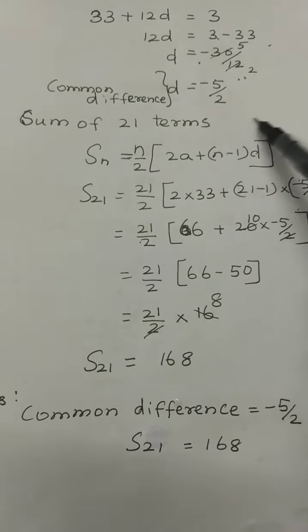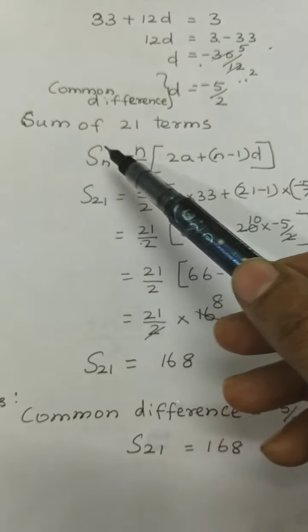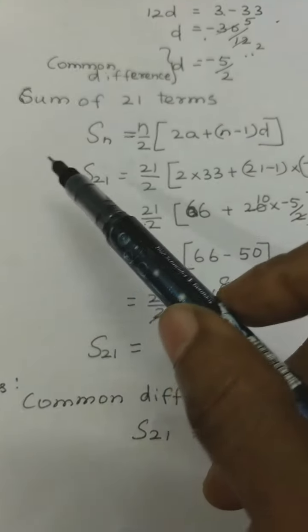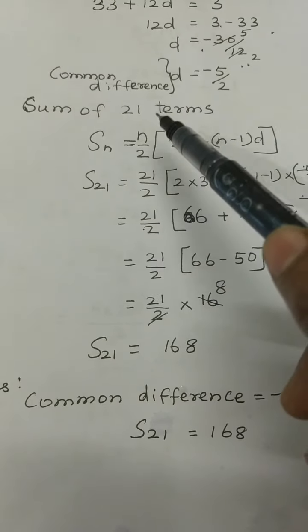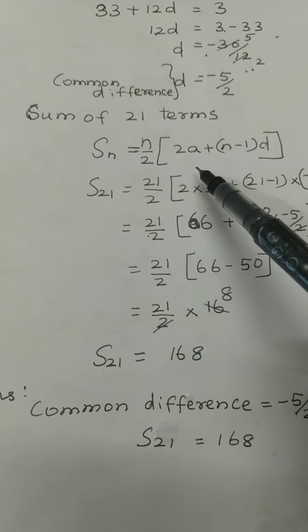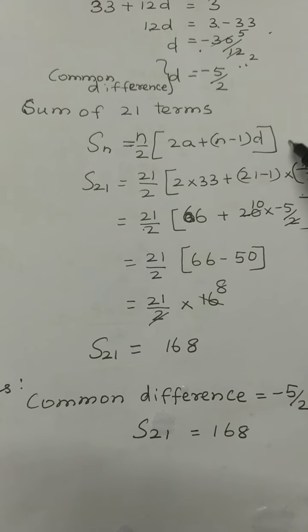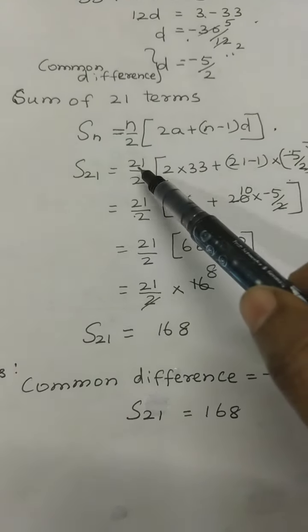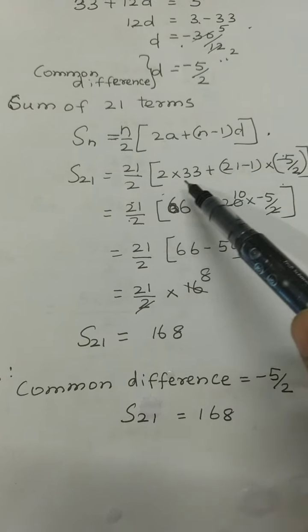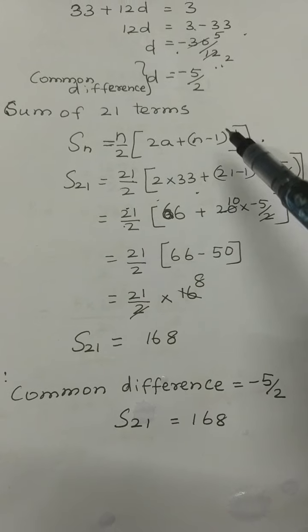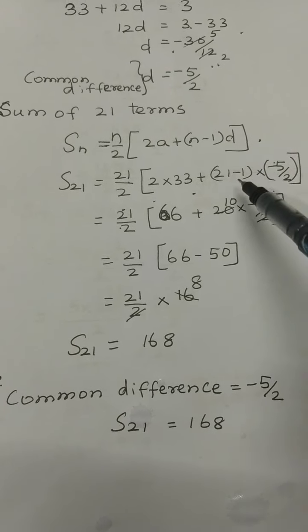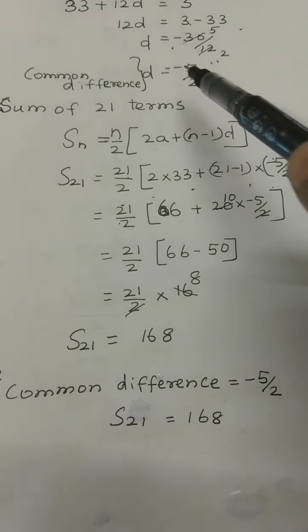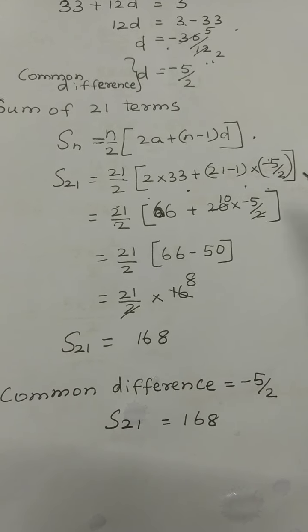Now we know the common difference and you have to find the sum of 21 terms. You have to use the formula Sn is equal to n by 2 into 2a plus n minus 1 into d. 21 by 2 into 2 into 33 plus 21 minus 1 into d, where the common difference is minus 5 by 2.